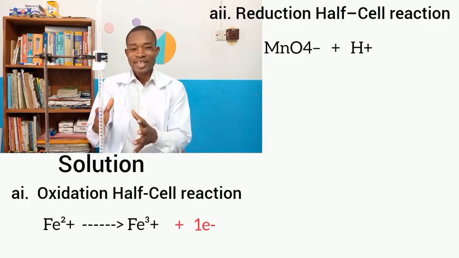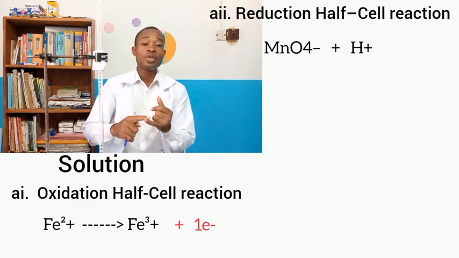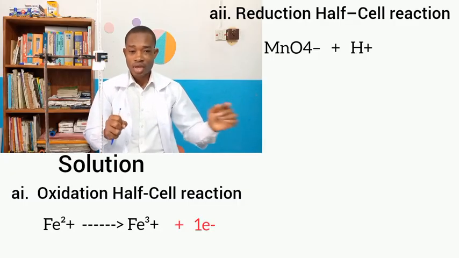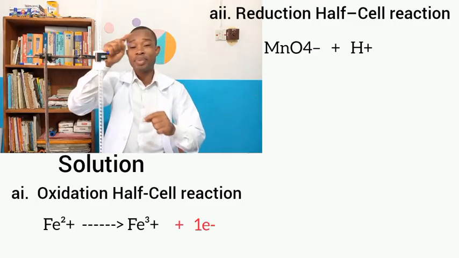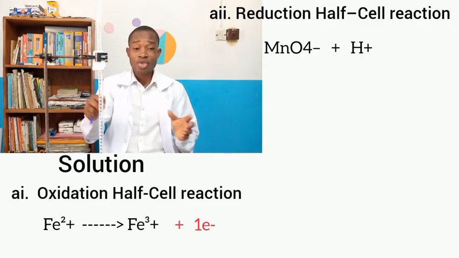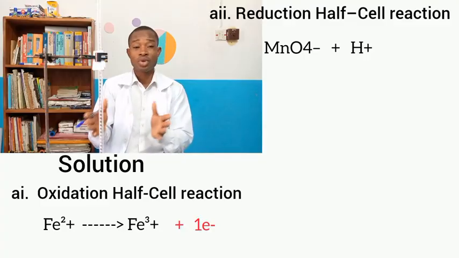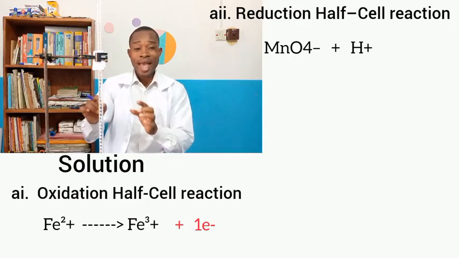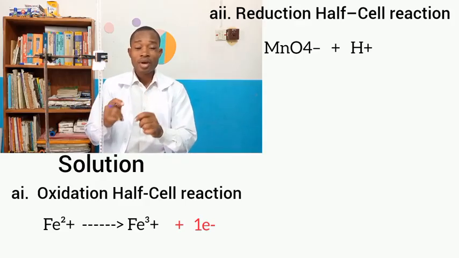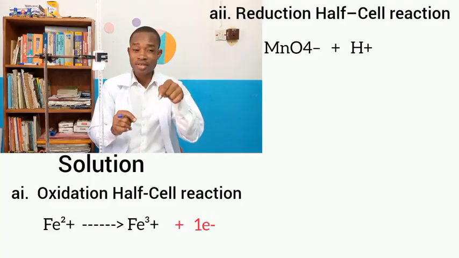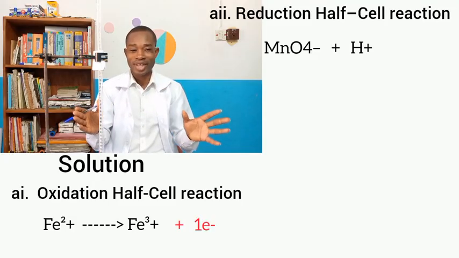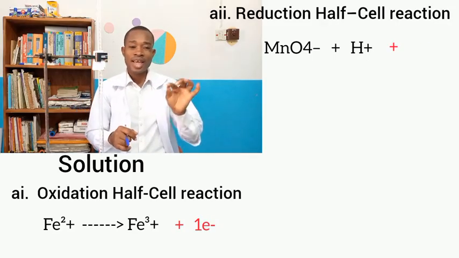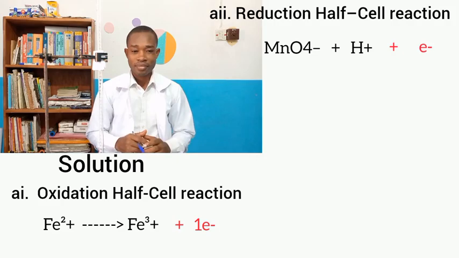The work of the hydrogen, one, would be to react with the oxygen to give us water in the product. And two, to also help in balancing the oxidation number together with the electrons we're going to add. And so we have in the reactant now MnO4 minus plus H plus. That hydrogen is in ionic form, you know that, so it has the electronic charge plus 1, and then plus electron negative.